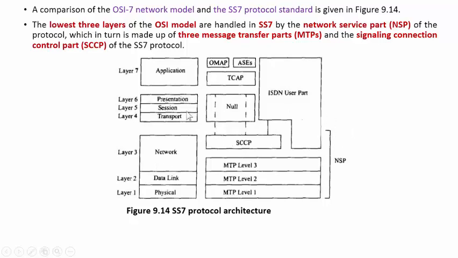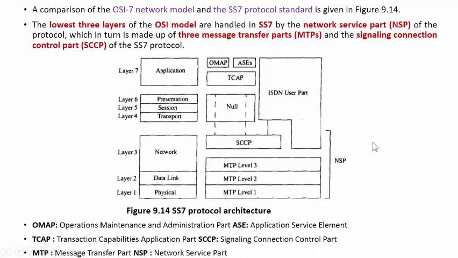The signaling connection control part is again mapped with the network layer of the OSI model, and the higher layers, that is transport, session, presentation layer and application layer, are with the upper parts or upper protocols of SS7. Here we can see the ISDN user part is mapped on application to transport layer. TCAP, OMAP and ASE are mapped on the application layer.